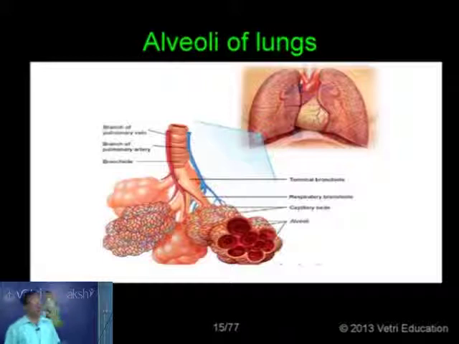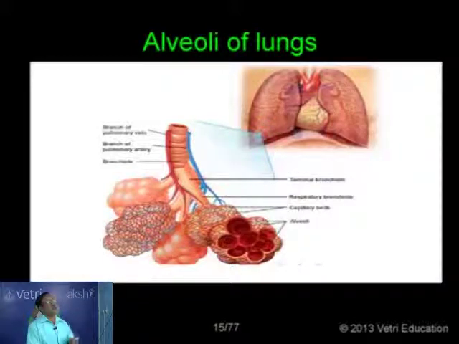Now, here the alveoli. If a portion of the lungs is enlarged, we can see the structural and functional components, normally the alveoli. You see this is the main branch, and that is nothing but the bronchiole. Maybe it is the primary bronchiole, and you assume that it is a secondary or tertiary bronchiole.